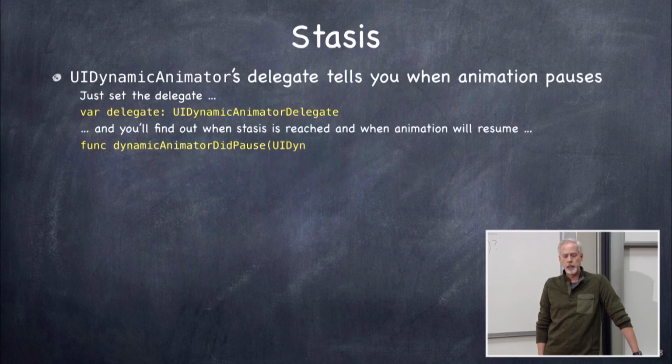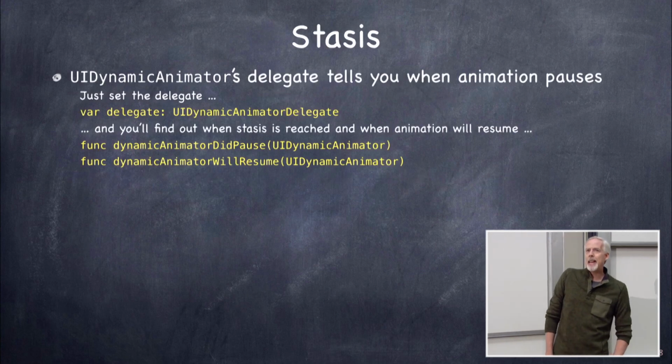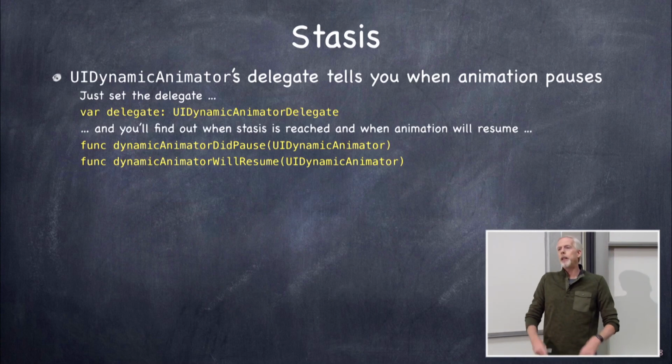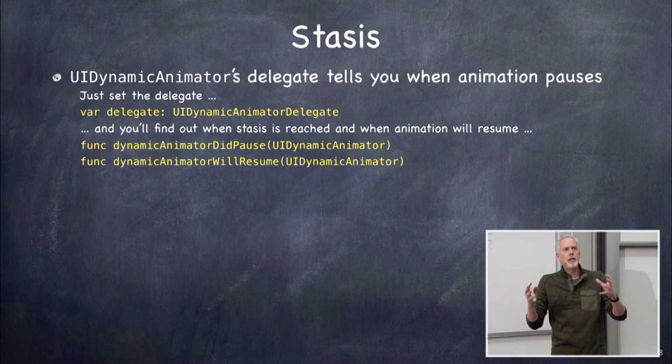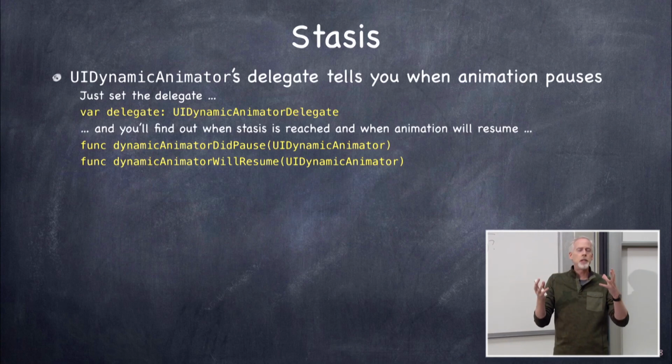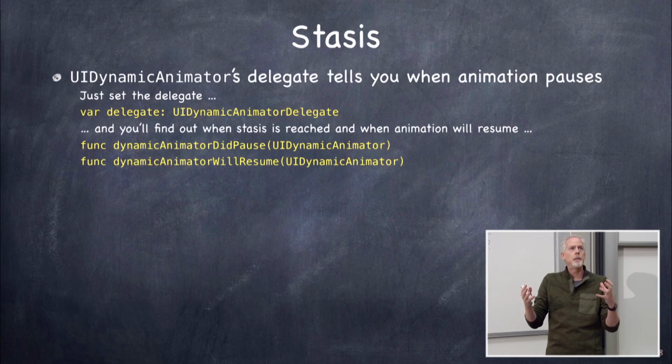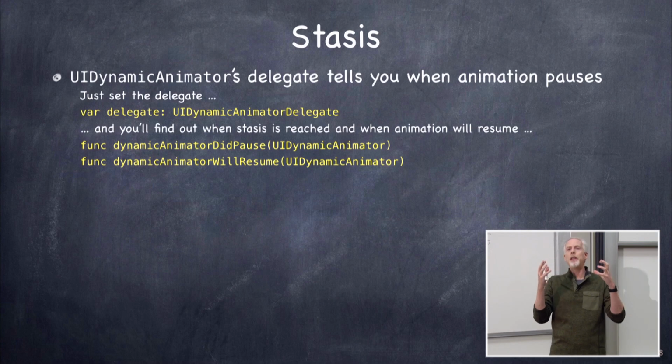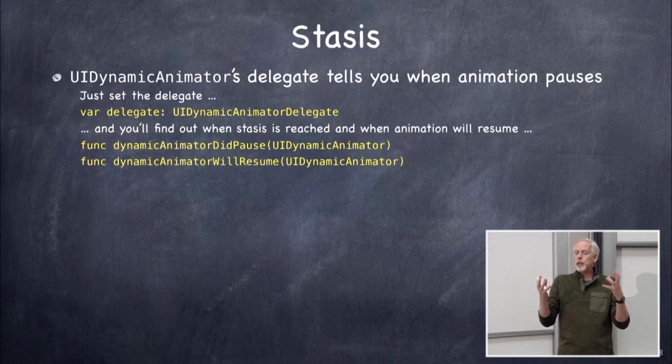All right, finally, I'm going to talk about stasis of the animator. Most of the time we design these animation mechanisms with all the gravity and collision boundaries and physics in a way that we expect it to come to a stop. And then maybe a push happens and it goes active again, and then eventually it comes to a stop. Most of the time, that's not required. You could have a thing just constantly going all the time, but usually you push and it comes to a stop.